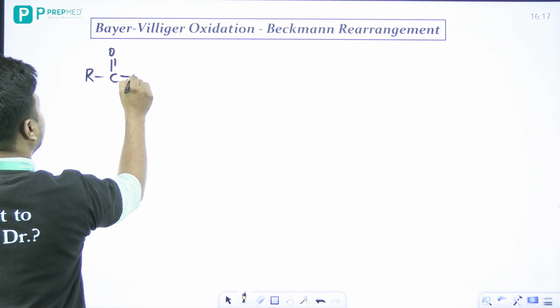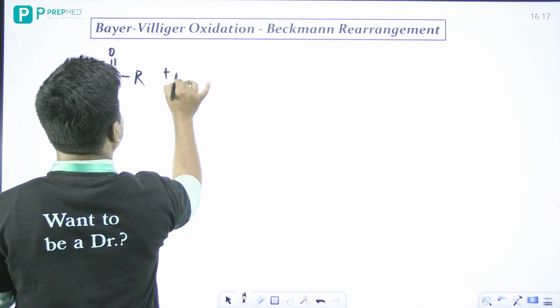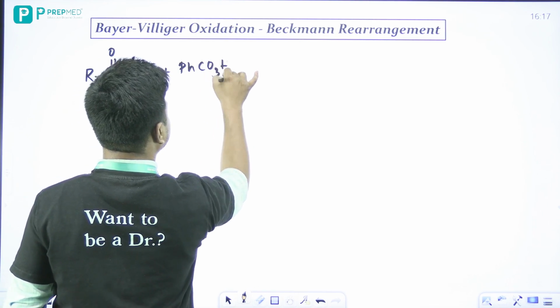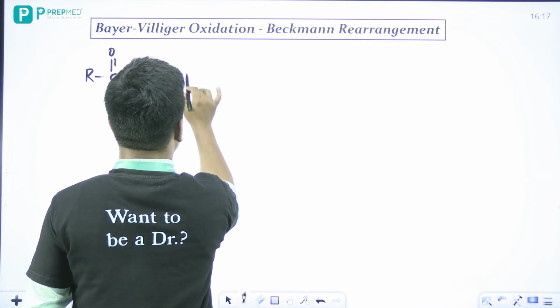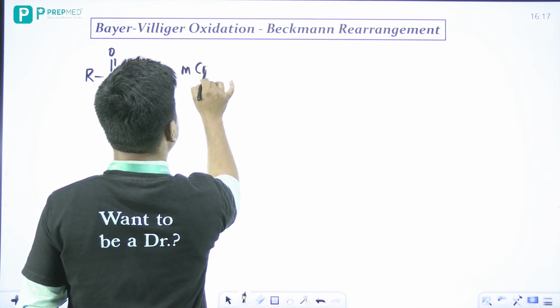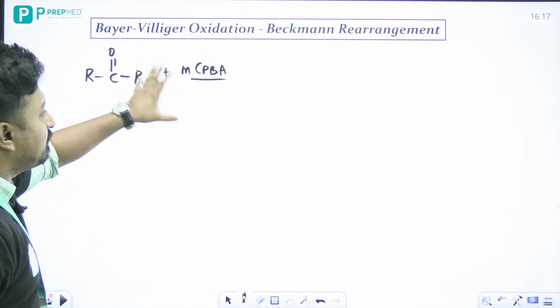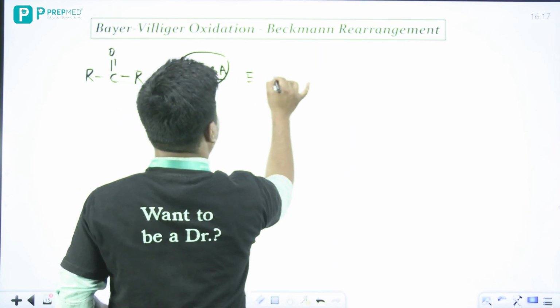Now this molecule we are treating with a peracid, let's say PhCO3H, or let's say we are using MCPBA, metachloroperbenzoic acid. Every perbenzoic acid contains a part like this.